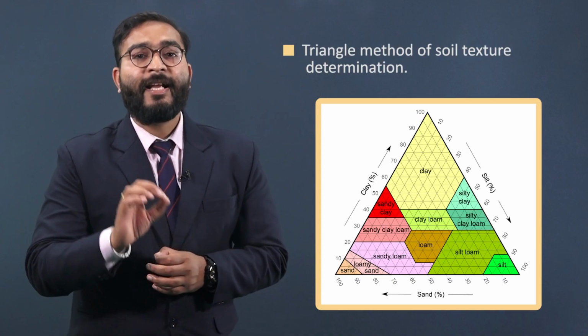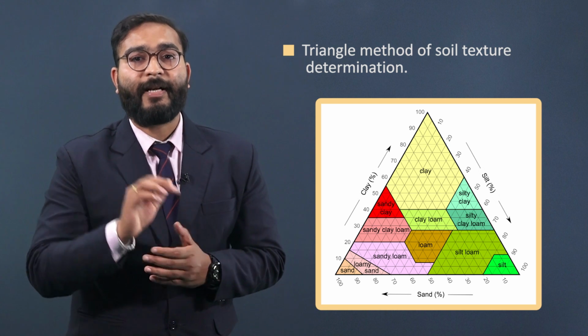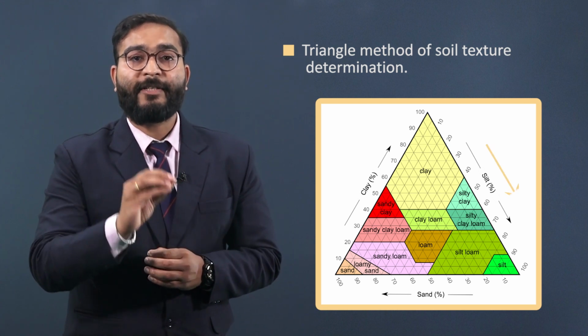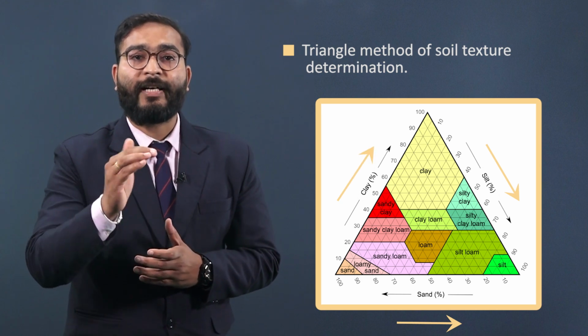These textural classes can be displayed inside a triangle, which is also known as the triangle method of soil texture determination. Here, in this textural class triangle, each side represents a soil particle class: percentage of silt, percentage of sand, and percentage of clay.